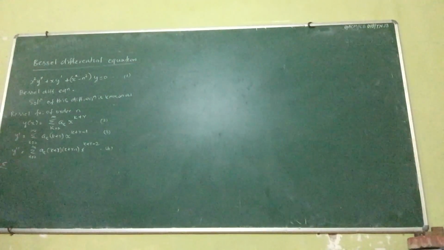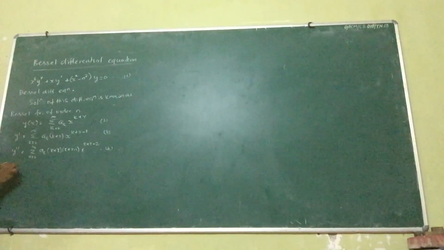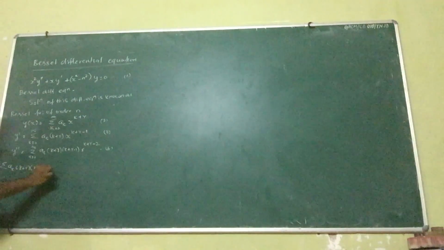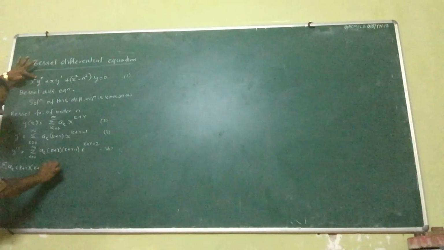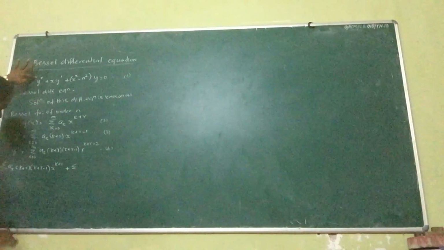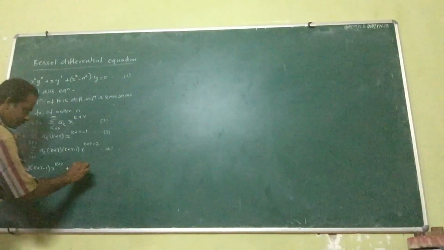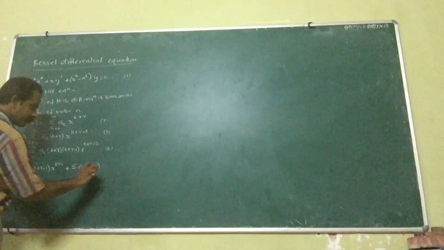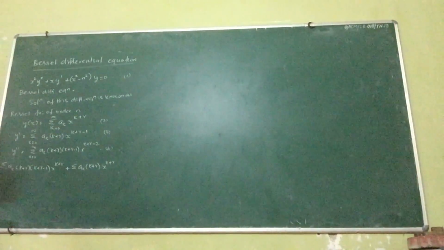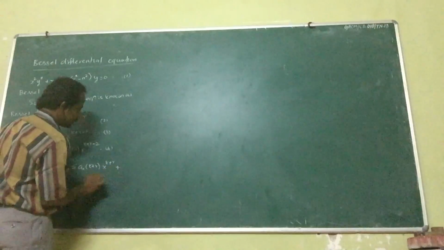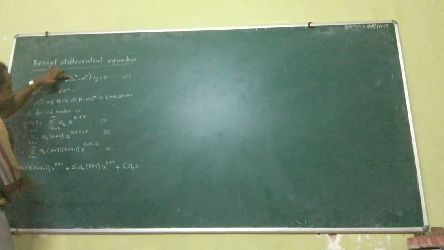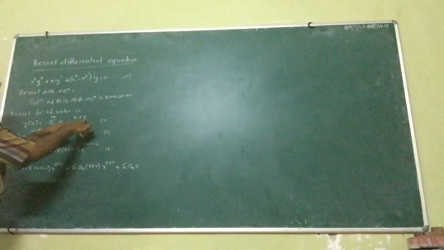So we will get the sum of a_k (k plus r)(k plus r minus 1) x to the power k plus r, plus the sum of a_k (k plus r) x to the power k plus r, which cancels against part of the other term, plus the sum of a_k x to the power k plus r plus 2.